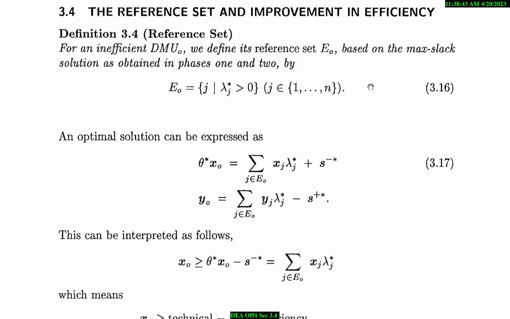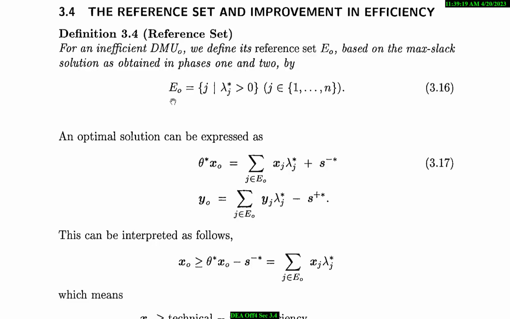Since the model can have different, alternative optimal solutions, for each optimal solution we may have a different EO. As an exercise, please compare this set with the set EO which was defined before.